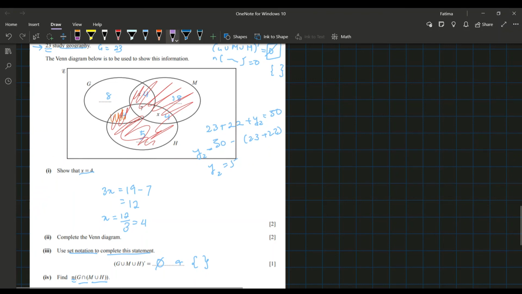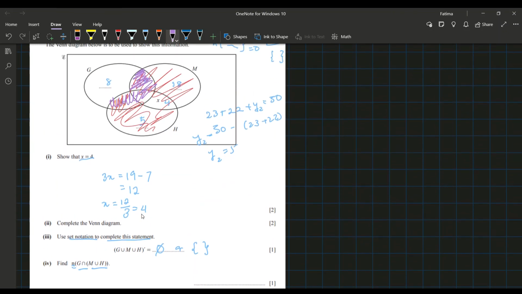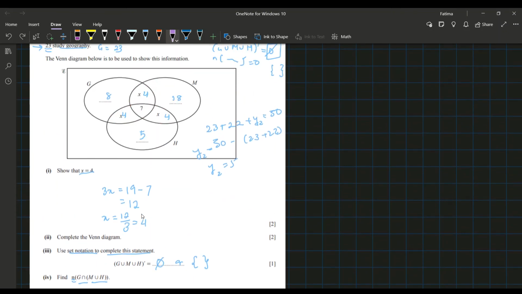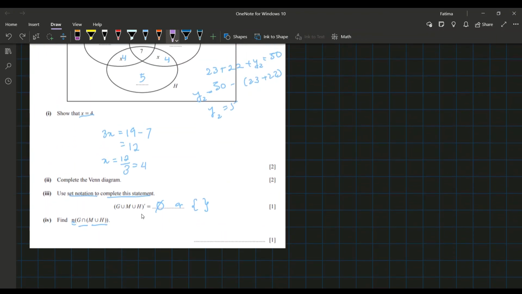That would be this region over here. So we have to write the number of elements present there. That's 4 plus 4 plus 7, which is 15.